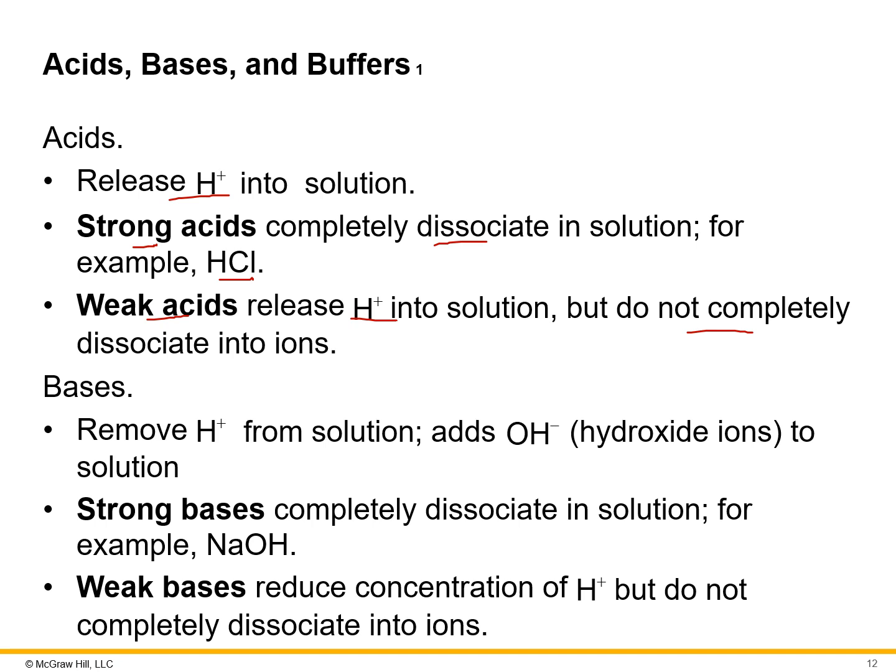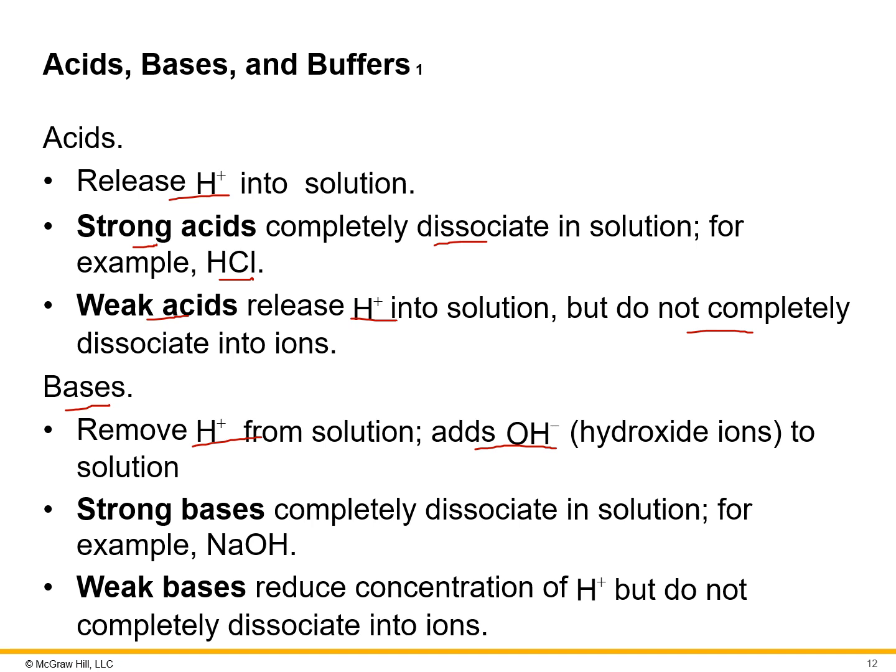And then the opposite are bases. These are removing hydrogen ions or adding hydroxide, which then combines with the hydrogen ions to make water. So both of these are decreasing the amount of hydrogen ions, which increases pH.